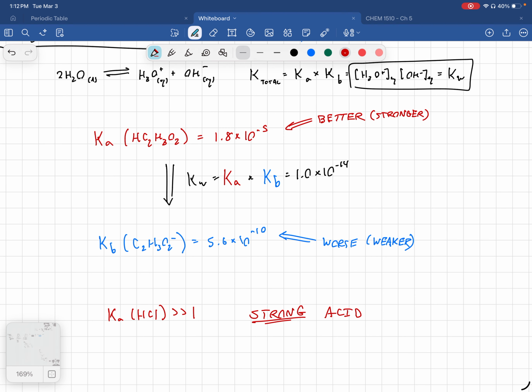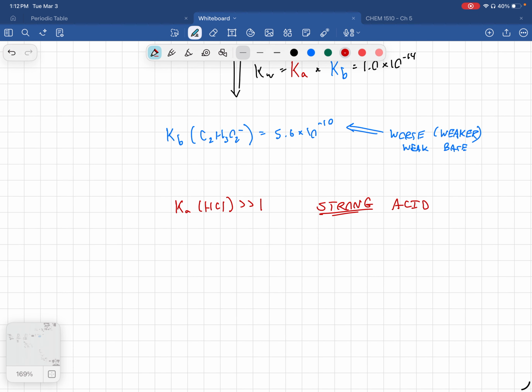Remember, these up here: better acid, worse base; weak acid, strong base. But in this case, this is one of our strong acids. It's immeasurably strong in water, and we're going to talk about that in another video. So that means the conjugate base of HCl, which is Cl minus, will be very, very small.